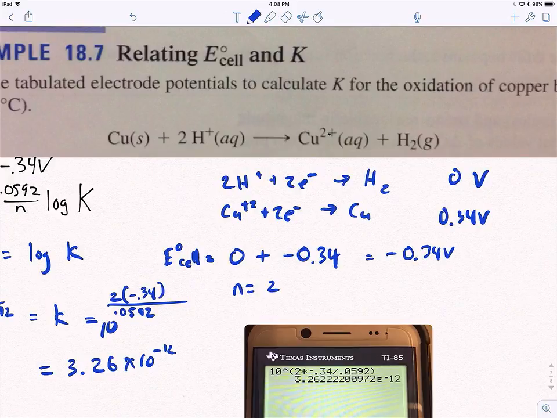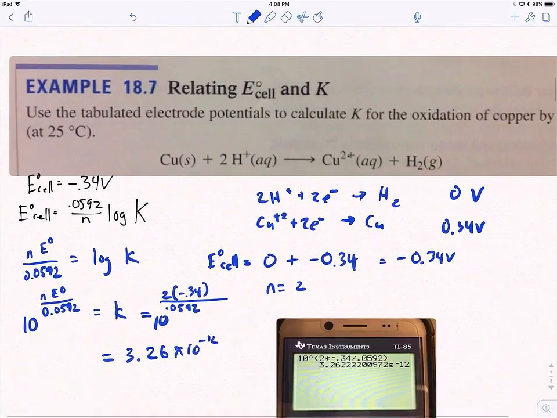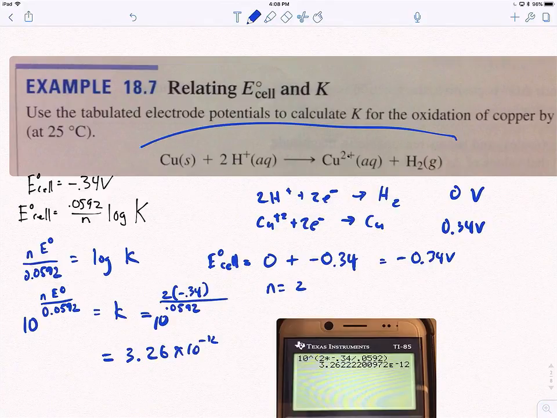K is products over reactants. So if K is small, does that mean that the top number is big, or does it mean the top number is small? Small. So that means that this reaction doesn't go very far. Does it happen? Yes, it does, in a really small amount.